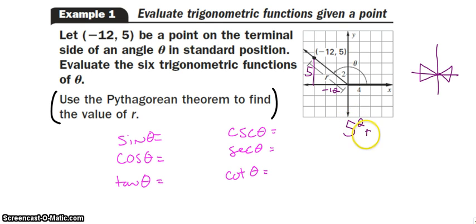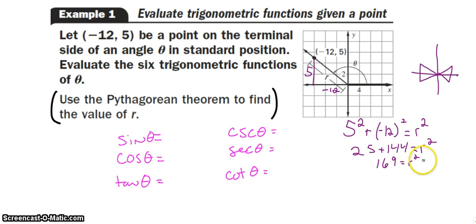So 5 squared plus -12 squared equals our radius squared, or c squared. So we have 25 plus 144 equals my radius squared. When I add these up, I have 169. And the square root of 169 is 13. Or it's a 5, 12, 13 triangle. Knowing those triples will be very helpful.